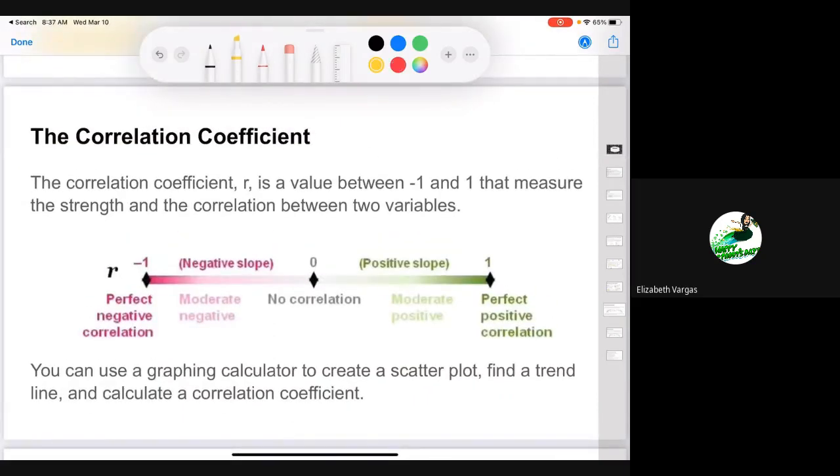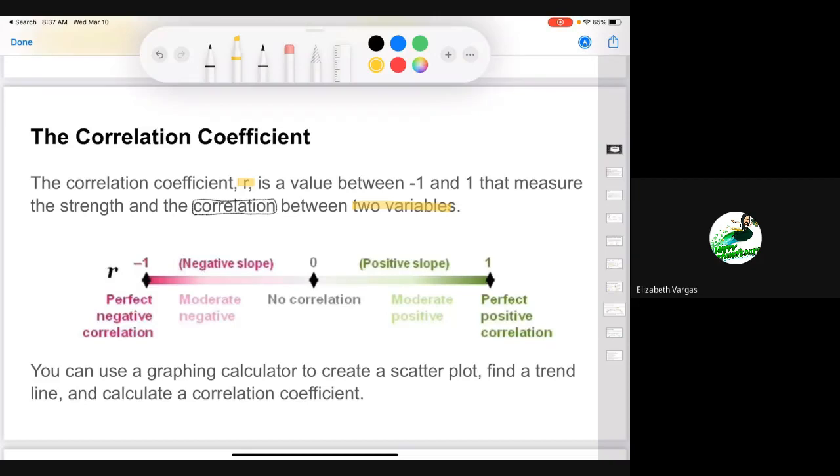And lastly, we're going to look at the correlation coefficient. The correlation coefficient, or R, is the value between -1 and 1 that measures the strength of the correlation between two variables. So let us remember that we looked at the different types of main correlations that we have, right? We often have positive correlation, negative correlation, or no correlation.